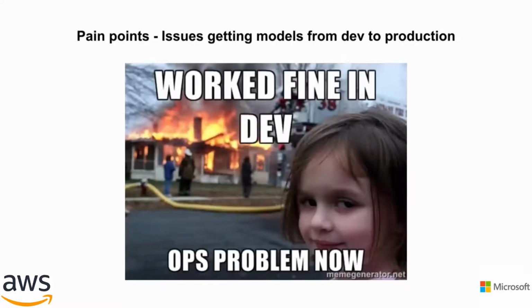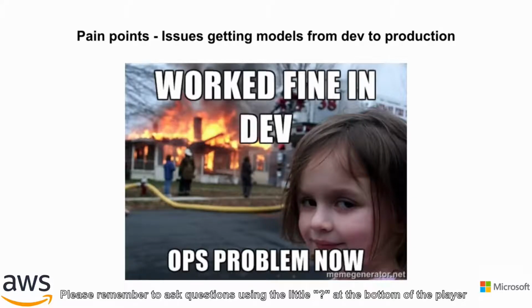Going specifically to the pain points, one of the most important is getting your models from dev to production. As I said, it might work well in your development environment, even if your development environment is your own machine. But when you try to deploy the system, you might have a situation where it's just impossible to run.